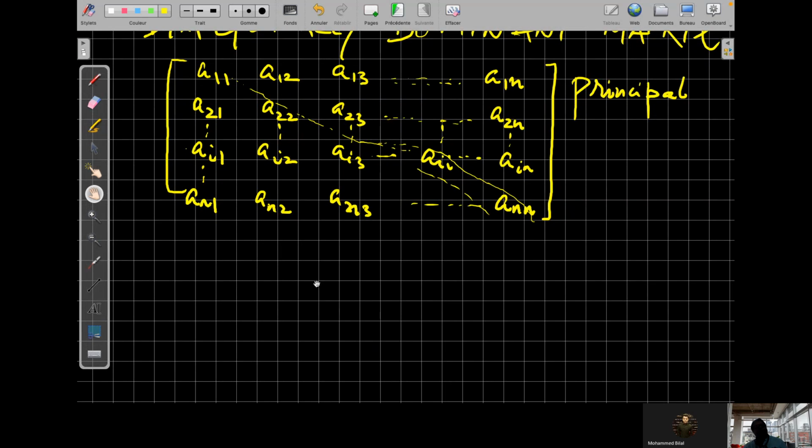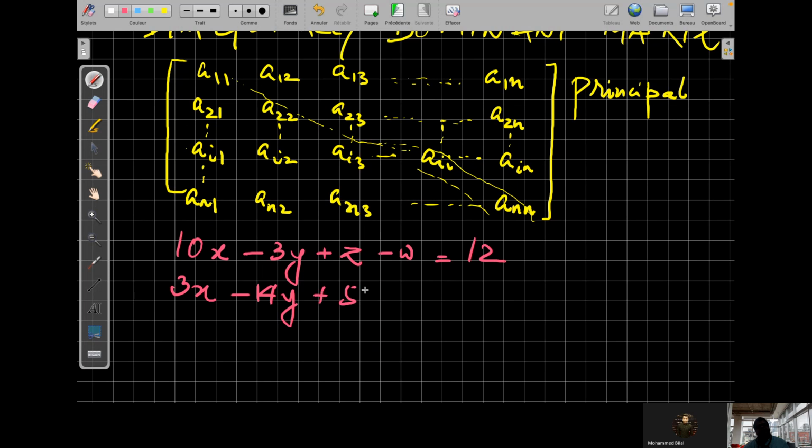Okay, so with the Gauss-Seidel method, I can try to solve an equation of this type. Say for example, I've got 10x minus 3y plus z minus w equal to 12, and then I will write 3x minus 14y plus 5z minus 3w equal to 13, for example.